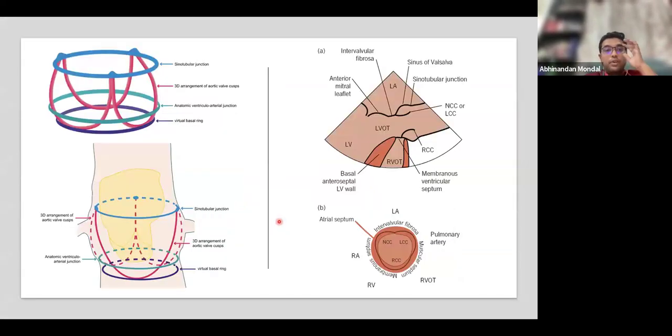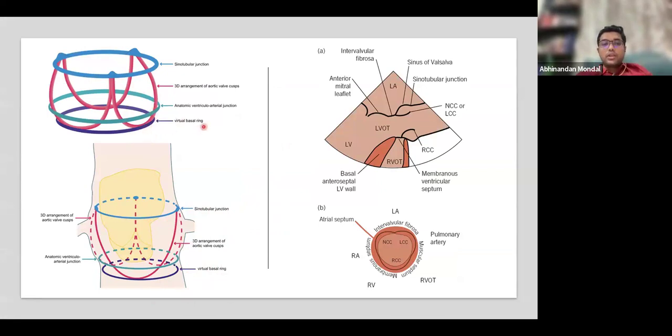First, a basic concept of what is the ventricular aortic junction and what is the virtual basal ring. Echocardiographically there is no difference, but anatomically there is a basic difference. The virtual basal ring is an imaginary line joining the lower end of all three cusps.